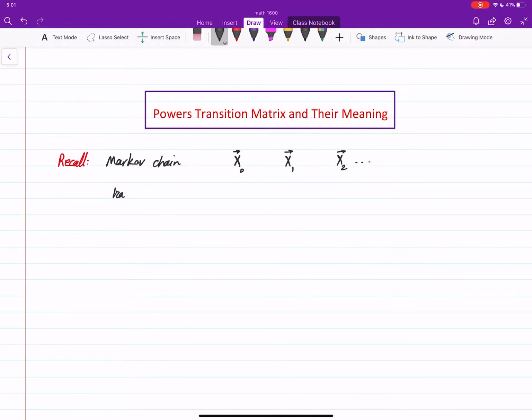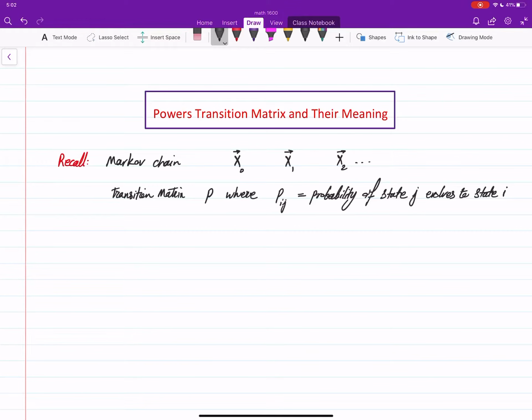And we have a transition matrix P. This tells us Pij is equal to the probability of state J evolving to state I in one step.